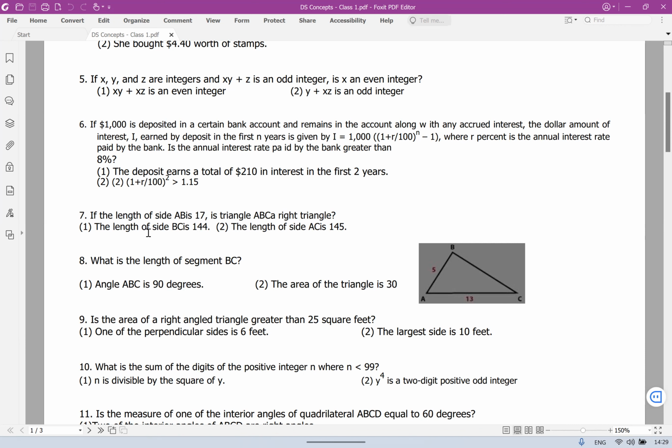What's the answer? C. C. Okay. Anyone else?